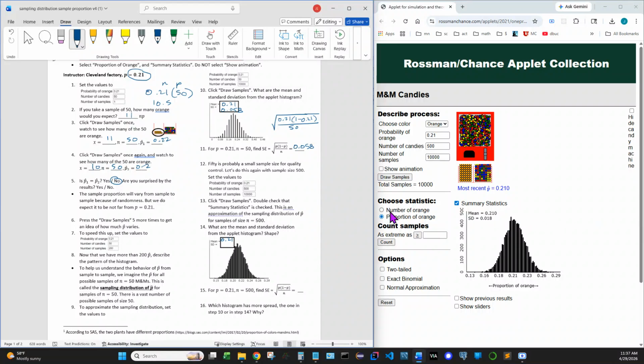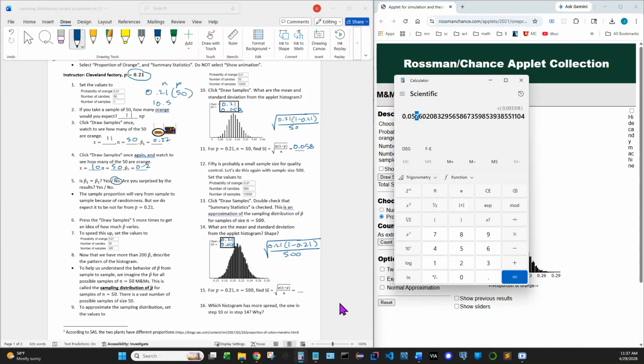The standard deviation, or the standard error here, is a little bit less obvious. We can write that down as 0.018, and we can test that versus the theoretical formula for the standard error. So we'll put in 0.21, 1 minus 0.21, and then we divide that by 500 this time.